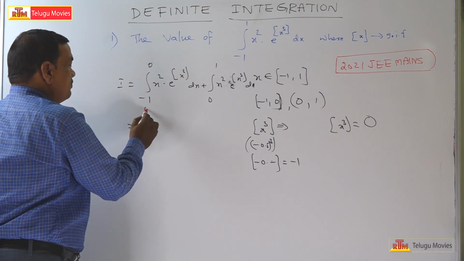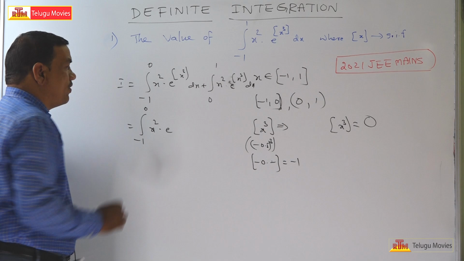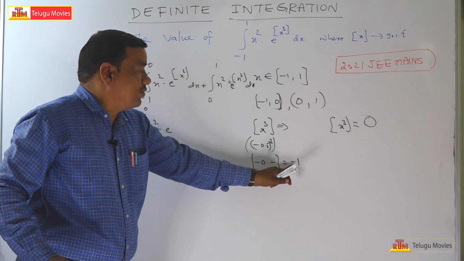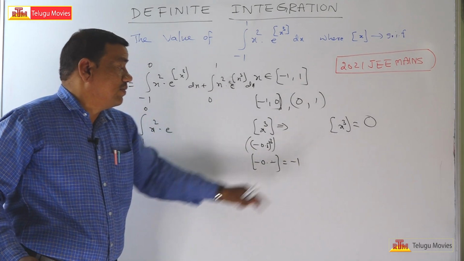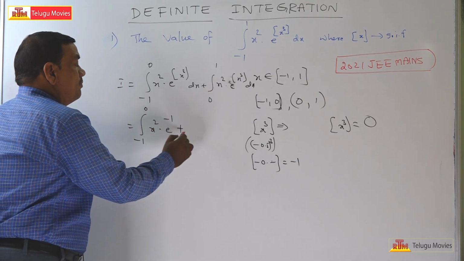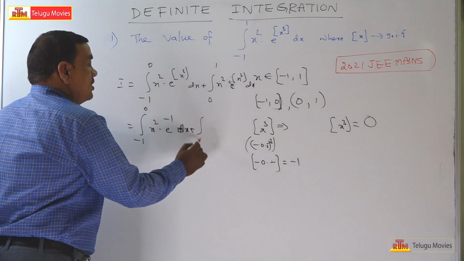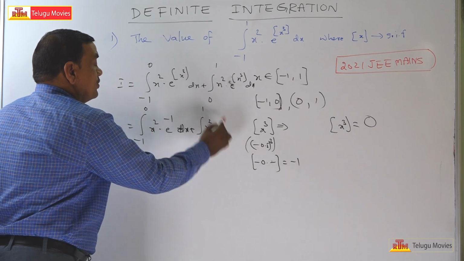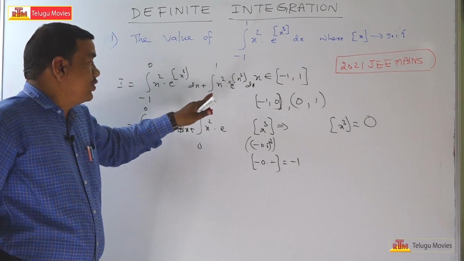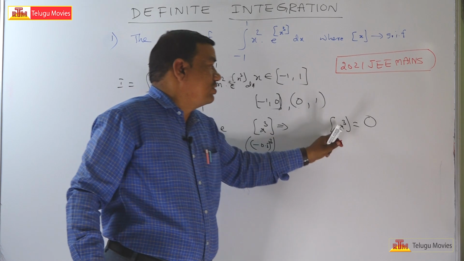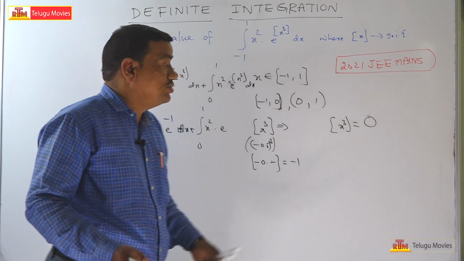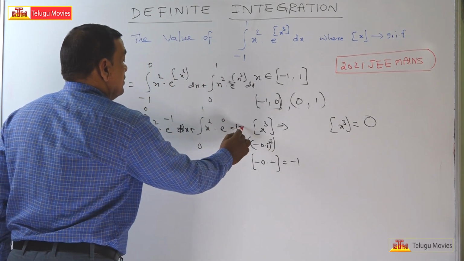From minus 1 to 0, what is our step of x cube value? Minus 1, of course. From 0 to 1, step of x cube value is 0. So this is e power 0.